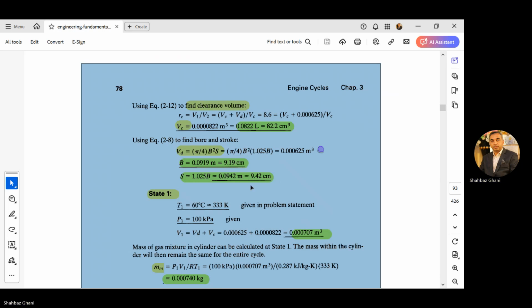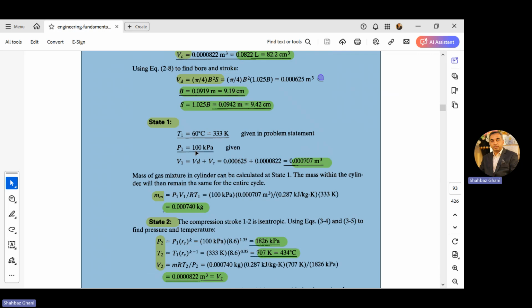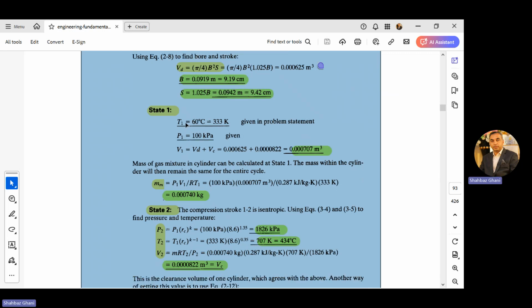Now, remember the PV diagram at state 1. State 1 is where your piston is at BDC, and it's the start of your compression stroke. T1, 60 degrees Celsius, is 333 Kelvin. P1 is 100 kPa, given.